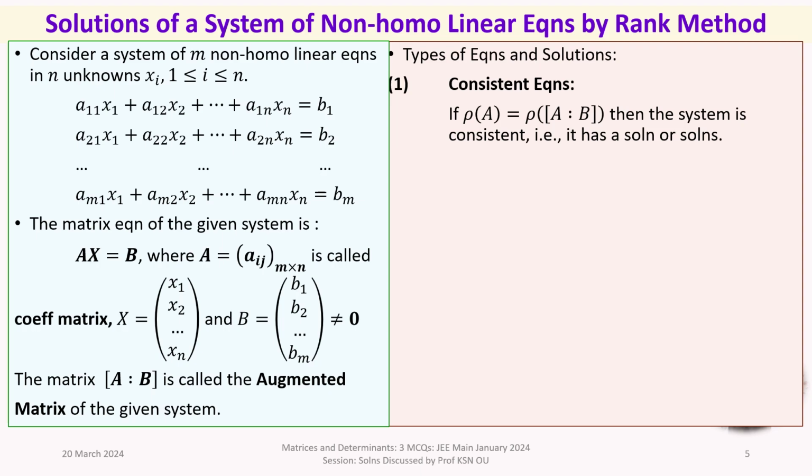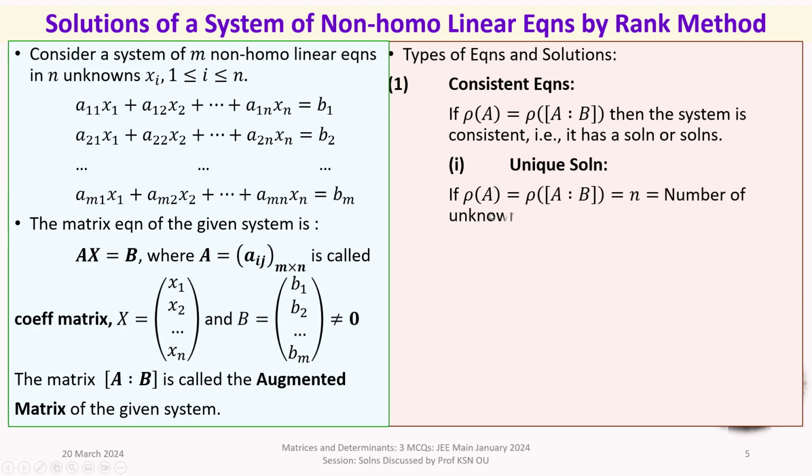So when it will have a solution, that is a unique solution. So 1, unique solution. If rank of A is equal to rank of A, B is equal to n, the number of unknowns, then it is consistent and it has a unique solution.